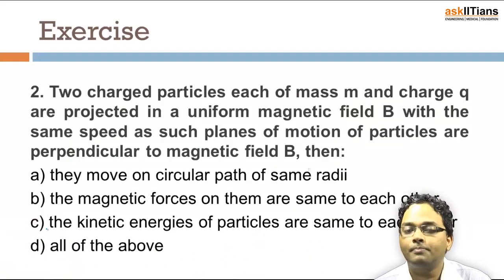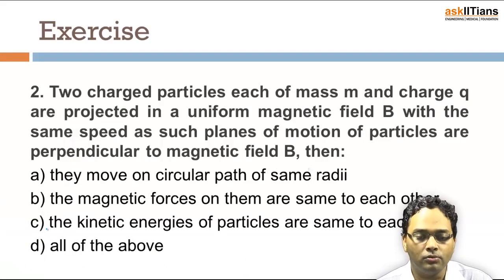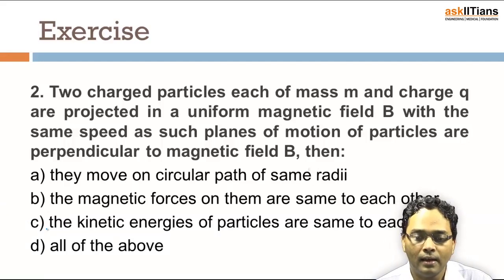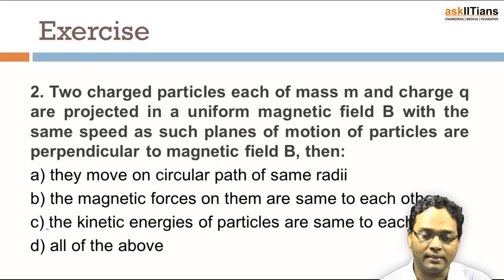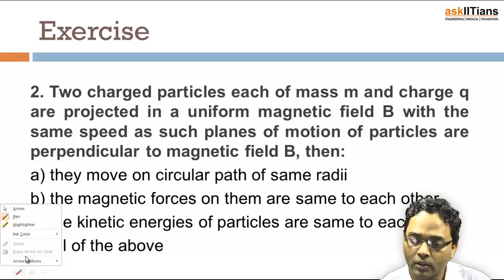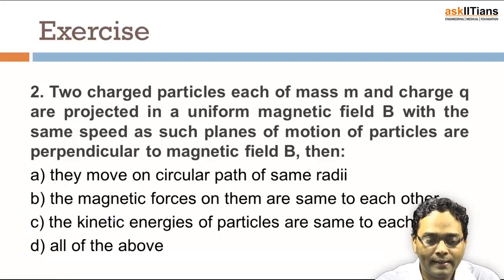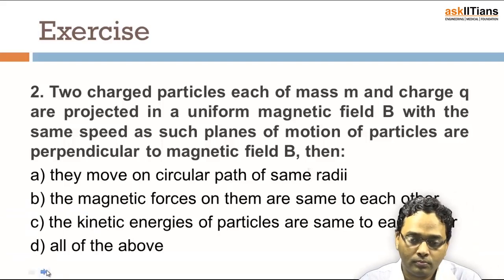We have two charged particles, each of mass m and charge q, projected in a uniform magnetic field B with the same speed such that the planes of motion of the particles are perpendicular to the magnetic field B. Now, when you are projecting two charged particles, each with a mass m, in a uniform magnetic field B with the same speed, what is going to happen?